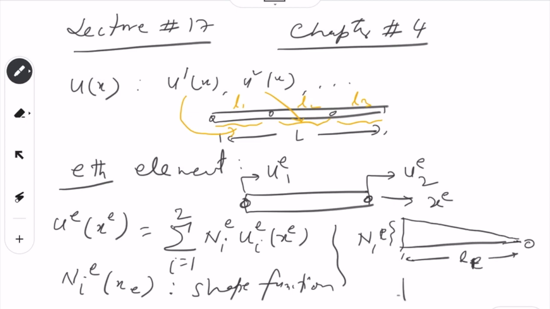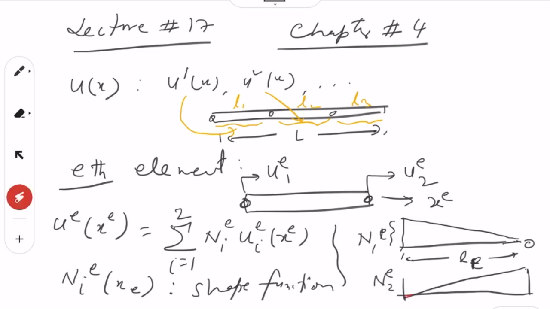And this is what N2 will look like, with 0 here and 1 here.